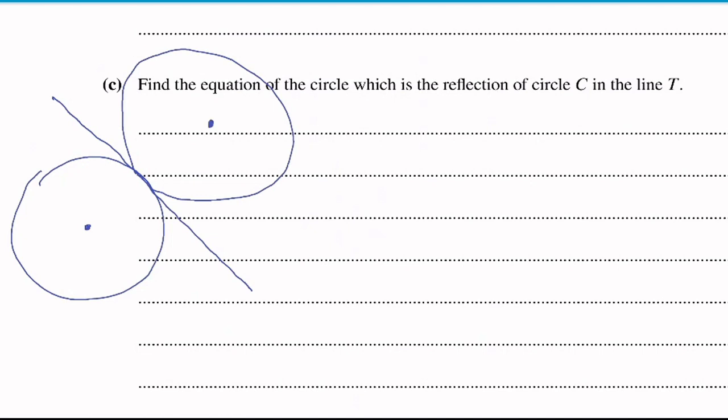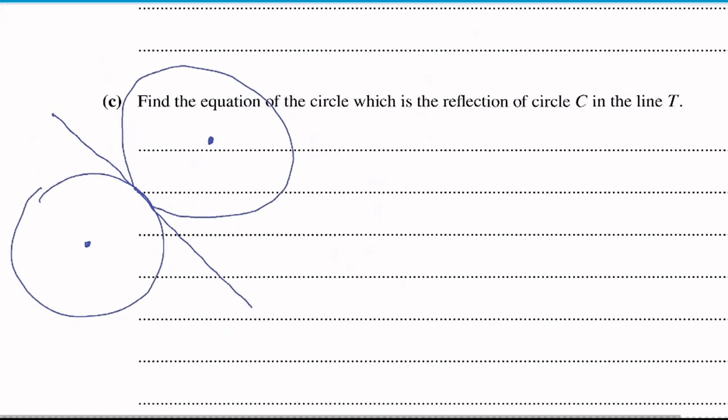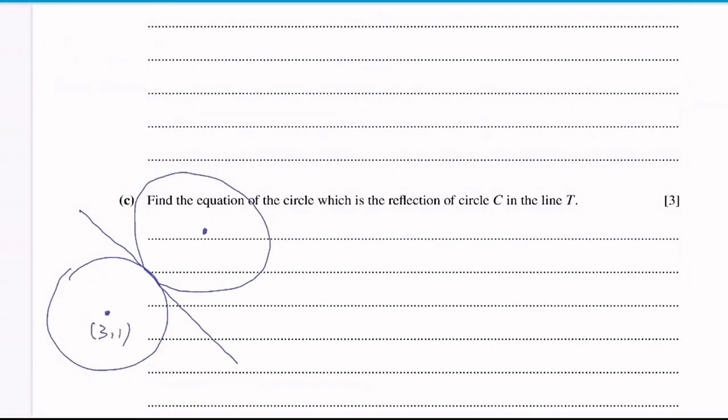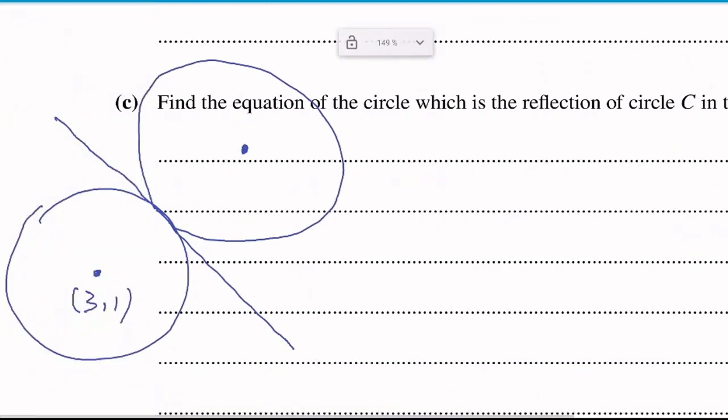When we talk about the reflection and we're trying to find the equation of the circle here, the center here is (3,1), and this is our point B, which is (7,4). Basically, when it is a reflection, it means the distance here should be the same.